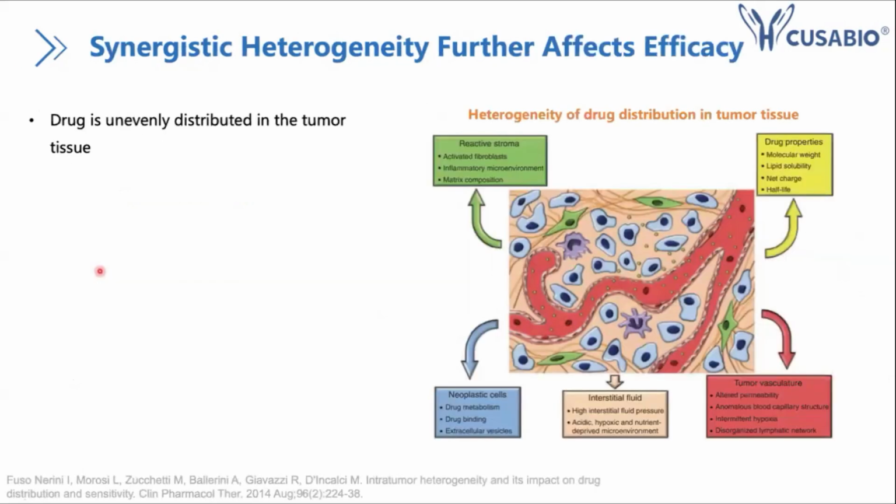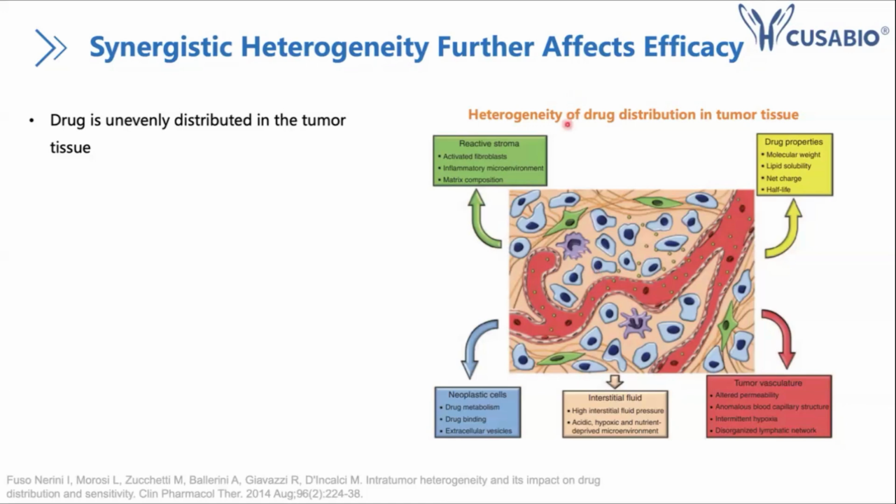Moreover, I will mention another thing. I'm not sure people know that, but I will say the drug itself is unevenly distributed in the tumor tissues. So here's one example. This is the tumor site, especially the tumor microenvironment. In the microenvironment of the tumors, it's usually filled with abnormal blood vessels and different groups of cells, and also has secretive factors and extracellular matrix proteins.